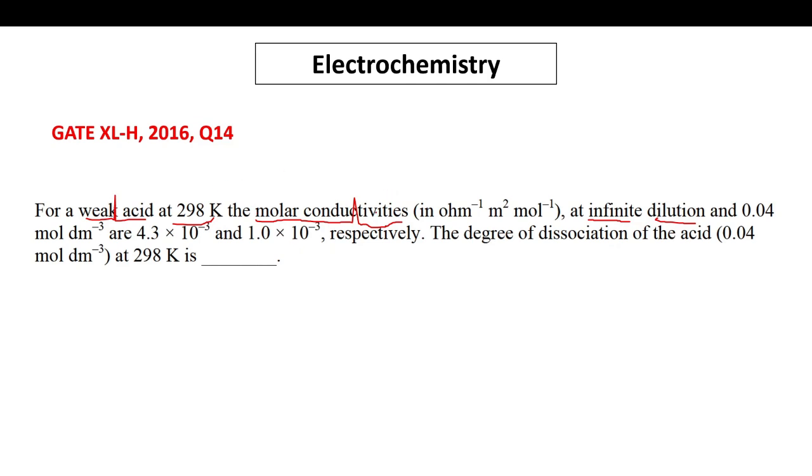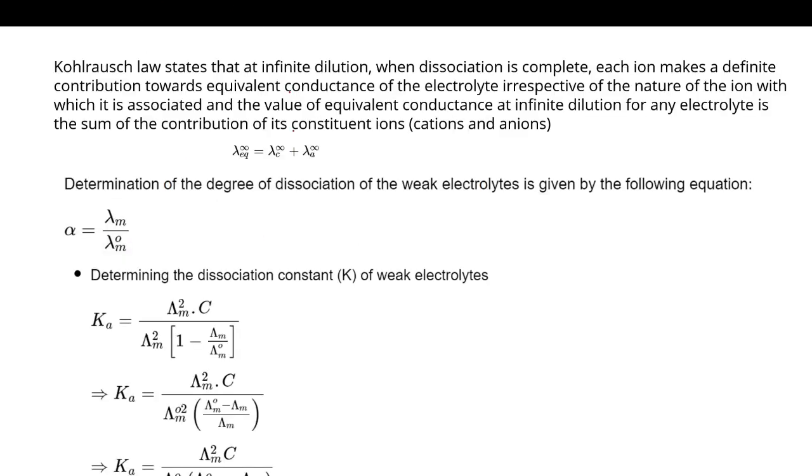To solve this question, we need to discuss a little bit about the concept behind it. So first let us look at the concept which is required for solving this question. For weak electrolytes, like weak acids or weak bases, there is a law which states how the dissociation of these weak electrolytes will take place in infinite dilution.